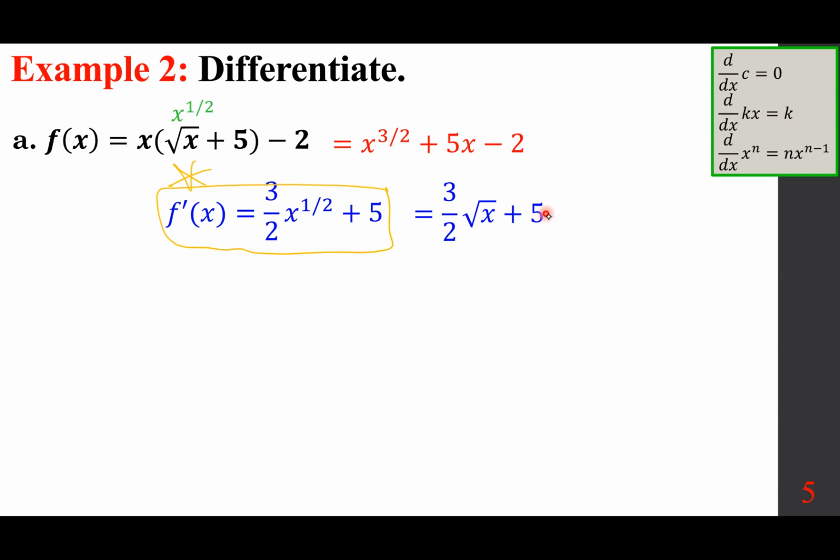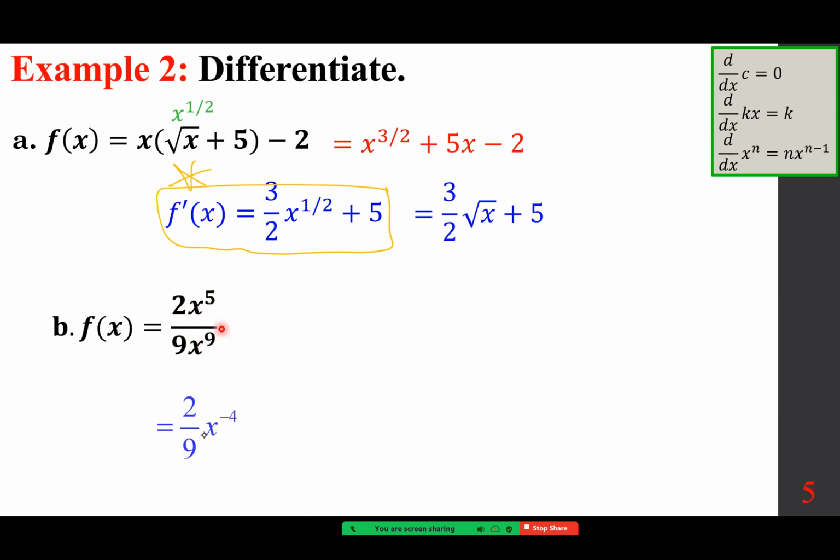Here's the next one. F of x is 2x to the power of 5 over 9x to the power of 9. To differentiate this, we're going to put it in the format such that we can use the power rule. So 5 minus 9 makes this 2 over 9 times x to the power of -4. So that's an algebraic step. Then we are going to find the derivative.